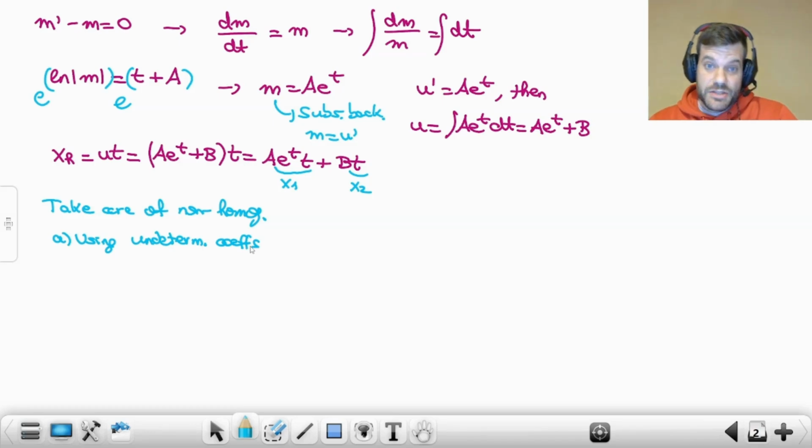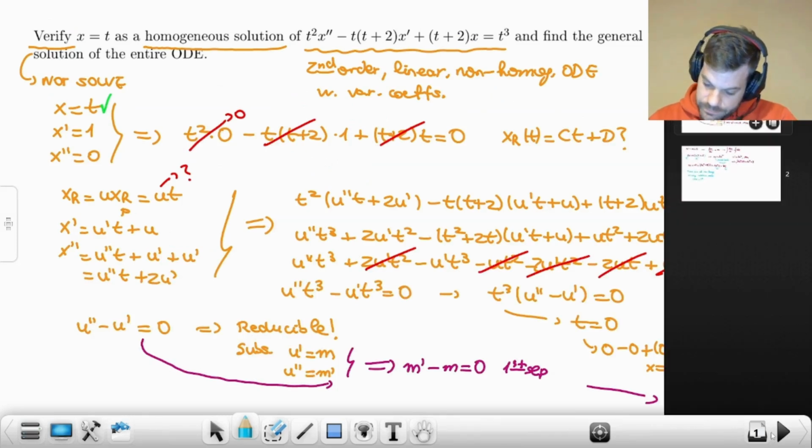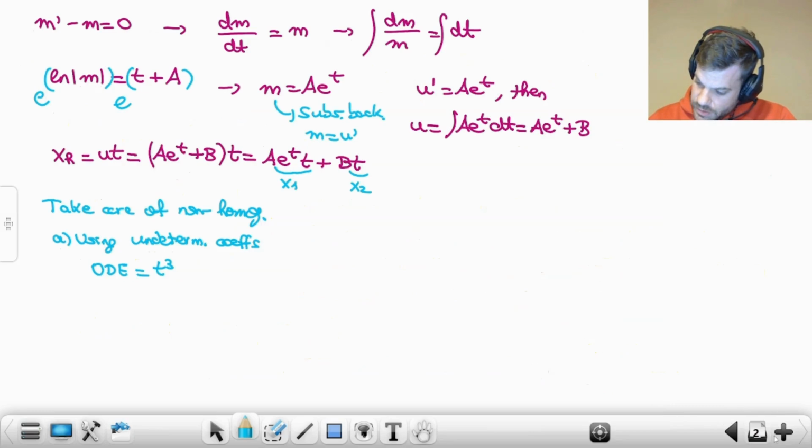Well, based on the non-homogeneous equation that we had at the beginning, the ODE equals t cubed, right? And more specifically it is t squared x double prime. Oh, sorry.